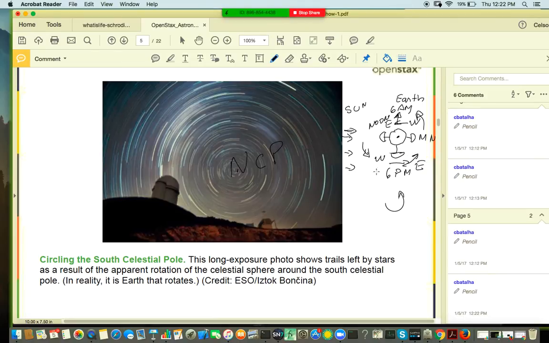And this west to east rotation gives us the impression that the sky itself, with the stars, with the planets, with the sun and the moon, are the ones that circulate around us from east to west.